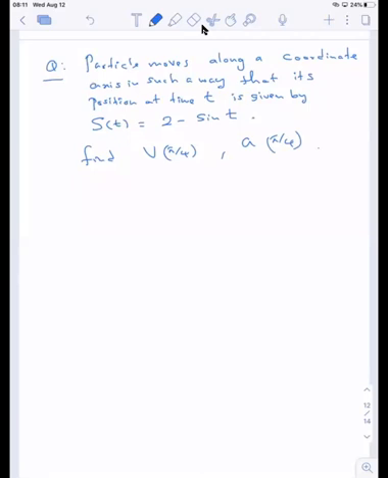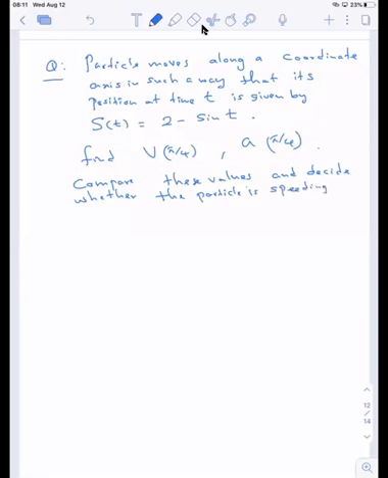And the next question is to compare these values and decide whether the particle is speeding up or slowing down. Now this is again a good example of how you use the knowledge of differentiation to solve a problem in physics.